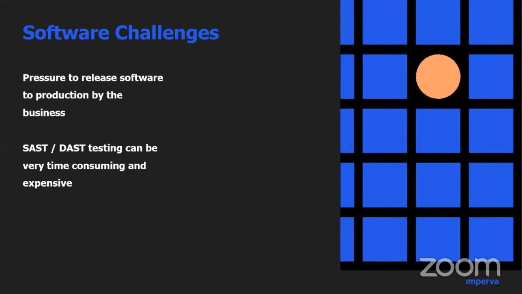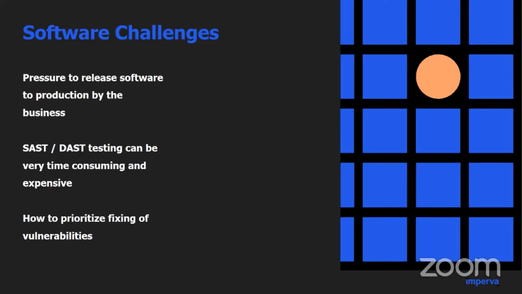You will go through code testing and dynamic testing, but these are very, very time consuming, leading to those delays in putting applications into production. They are also very expensive, and it may be the case that you run many of these before your application gets out into production. And with agile development these days, those changes happen all of the time.